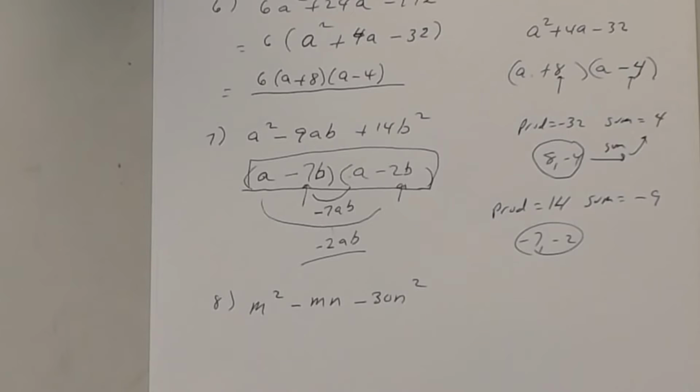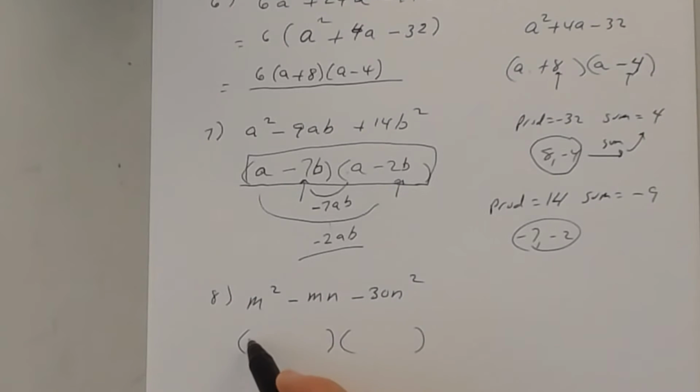What's the GCF? 1. Okay, since it's 1, I'm not going to do anything else with that GCF. What's the leading term? M squared. What's the coefficient of it? 1. So that's going to be the easy kind. So I'm going to go directly to the two binomials.